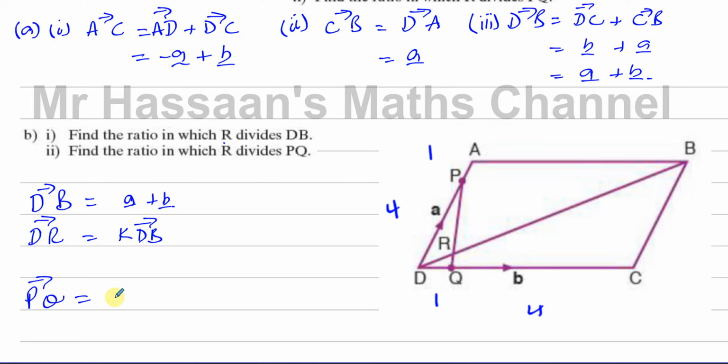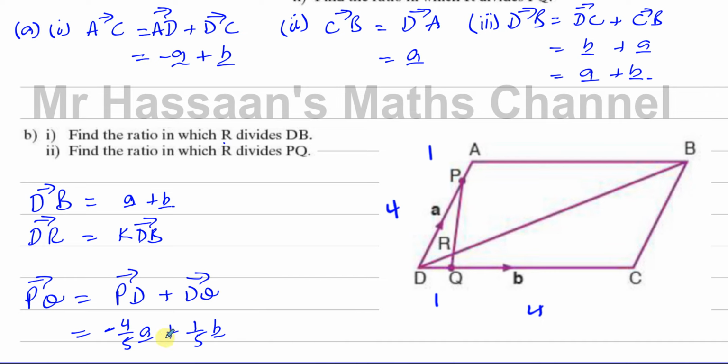So P to Q is equal to P to D plus D to Q. P to D is minus 4/5 of A. And D to Q is 1 part out of 5 of D to C, so that's 1/5 of the vector B.